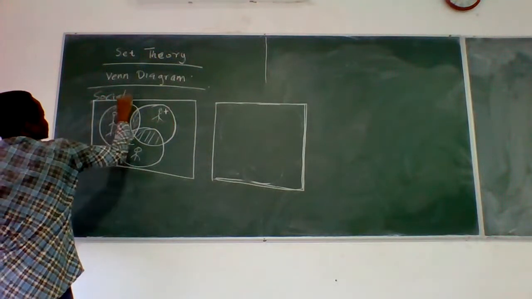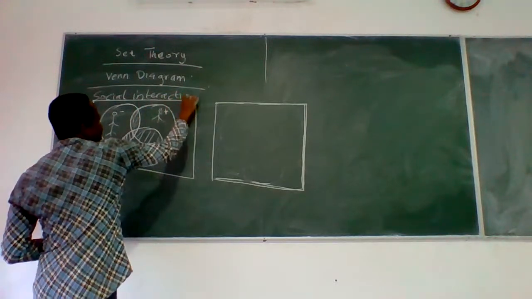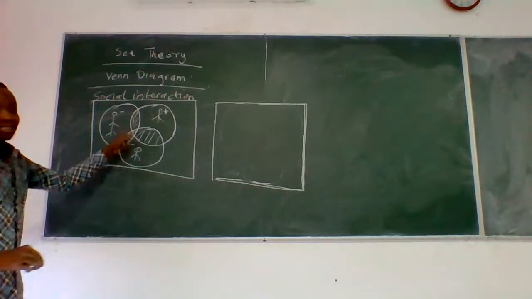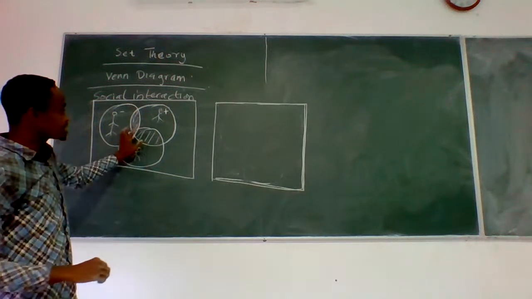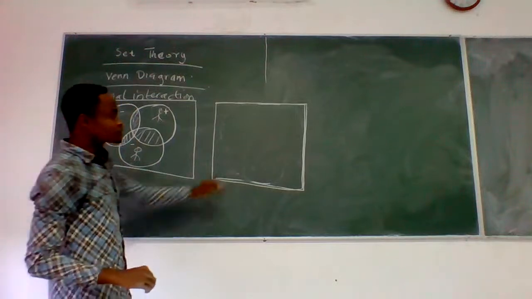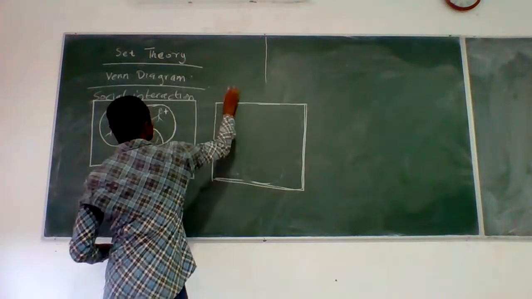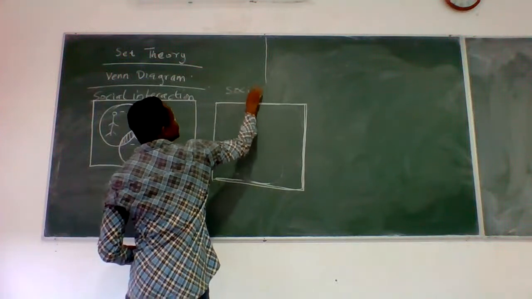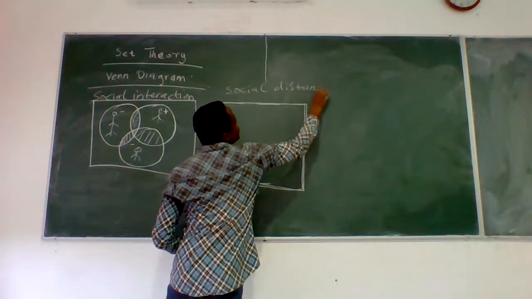When there is social interaction, then you have what? The sets having a common intersection, like elements. So this is social interaction, and we want to stop the spread. So what do you have? Social distancing. So this one becomes social distancing.